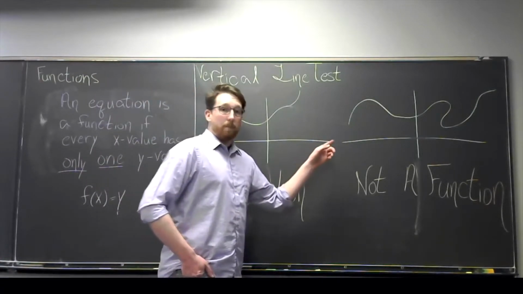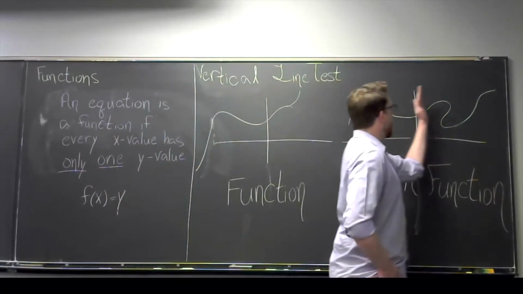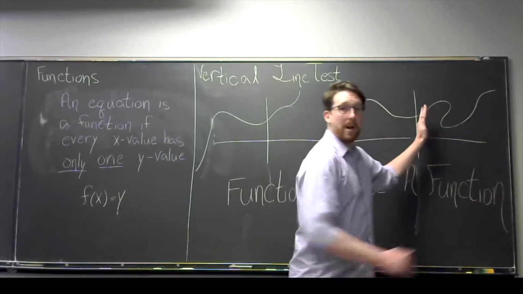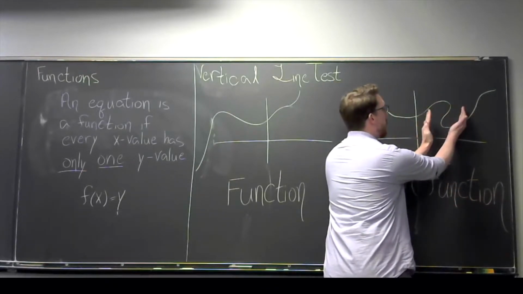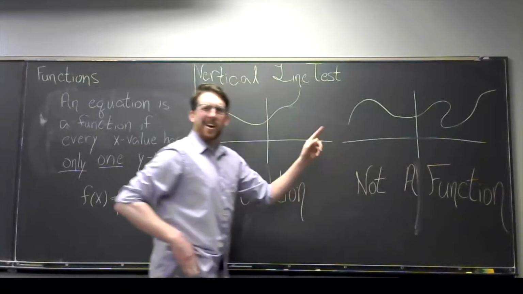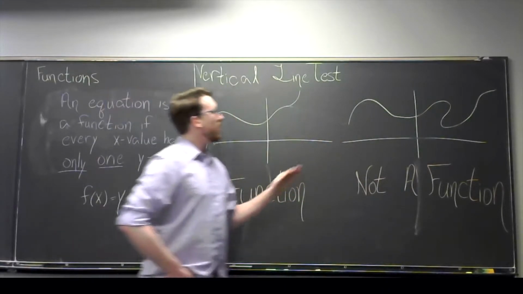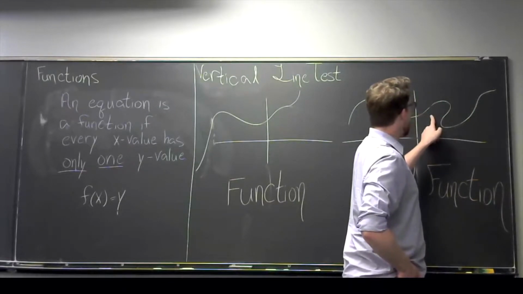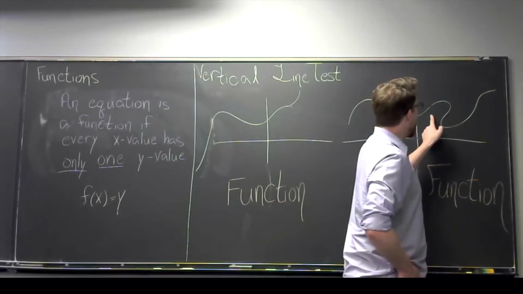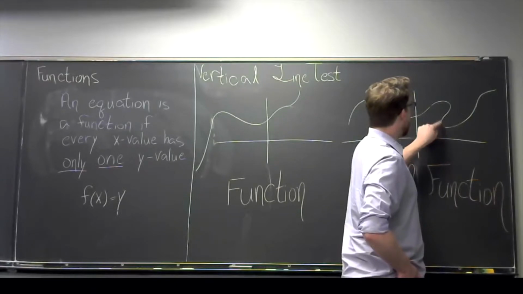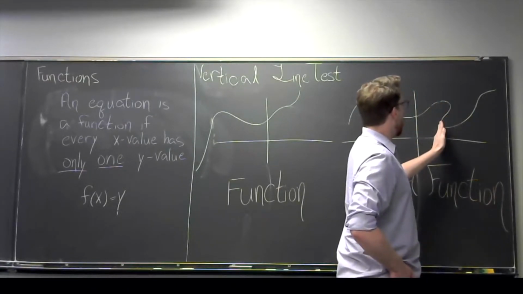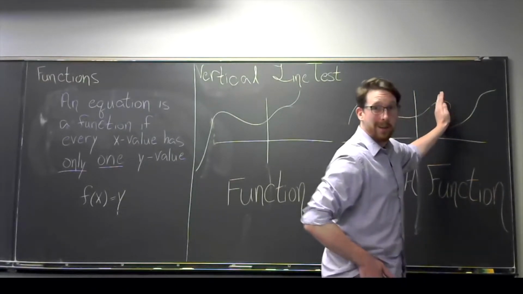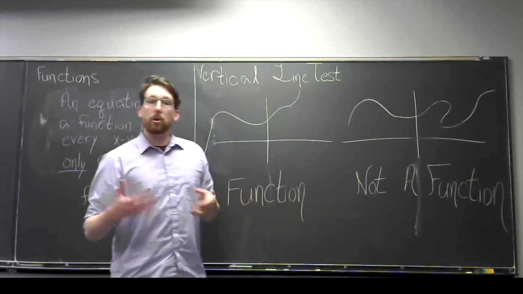In the other example, we do the same thing. We get through this region right here, and we find my vertical line may go through one point, like it does right here, or it might go through 2 points, or it might go through 3 points. It fails what's called the vertical line test.